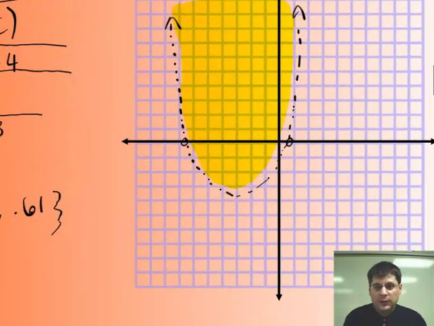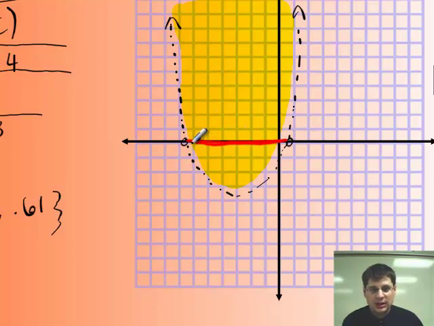But what I really want to focus on is the x-axis, because again, we want to solve for x. What is x equal to? Since this is our solution region, this little section of the x-axis is included in that solution region. So anything on this part of the x-axis is also a solution. If we were to view this as a number line, then we're going to be between -6.61 and 0.61.